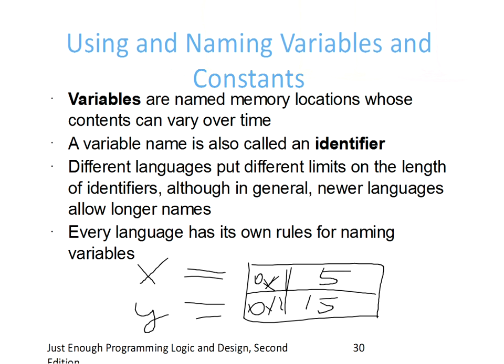And the operating system will manage how or where to load, where to find space for these variables or for these values. Now, how does the operating system know how much information you need to set aside, how much space you need for a value?